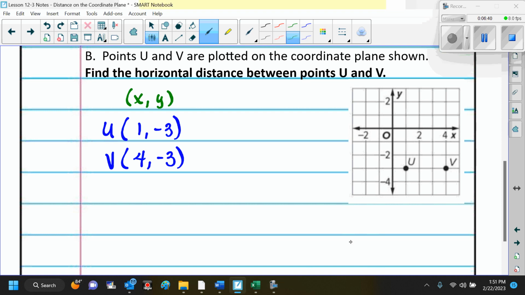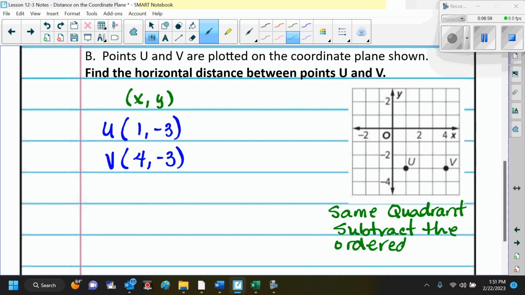So if we're in the same quadrant, we want to subtract the ordered pairs. Oh, no, I'm sorry. Subtract the absolute value. Okay, so let me fix that.